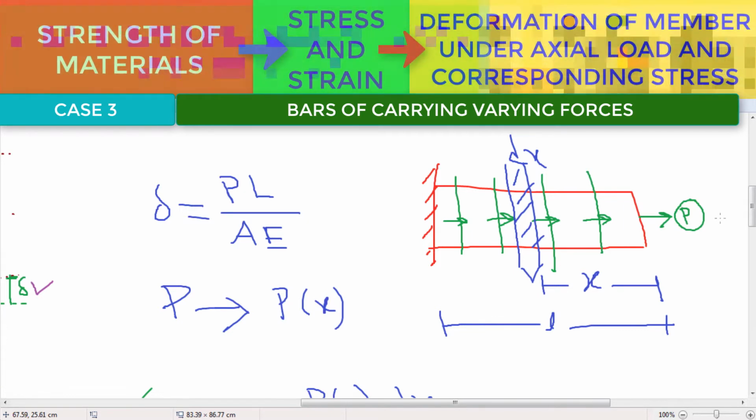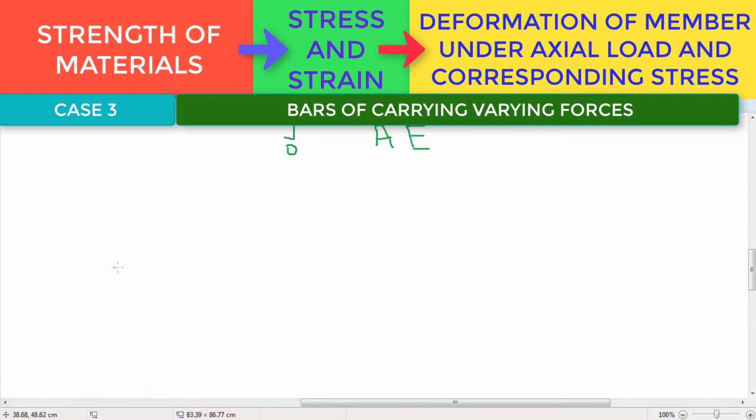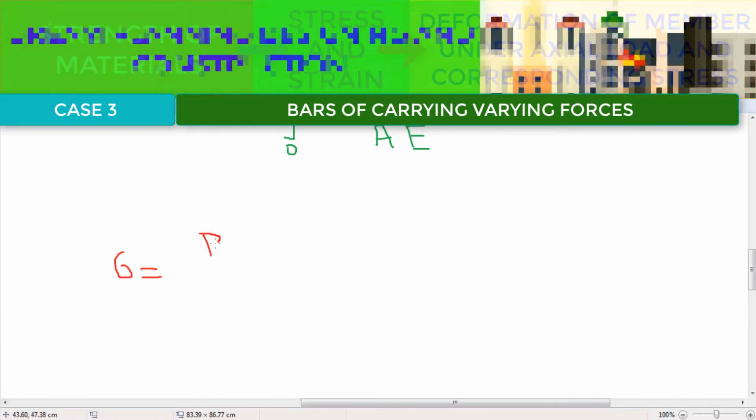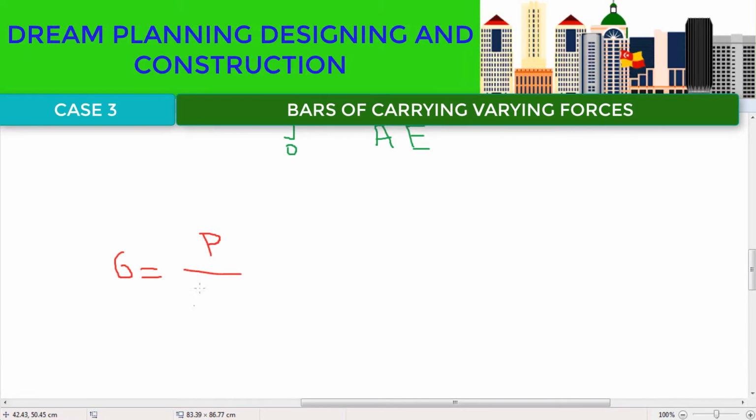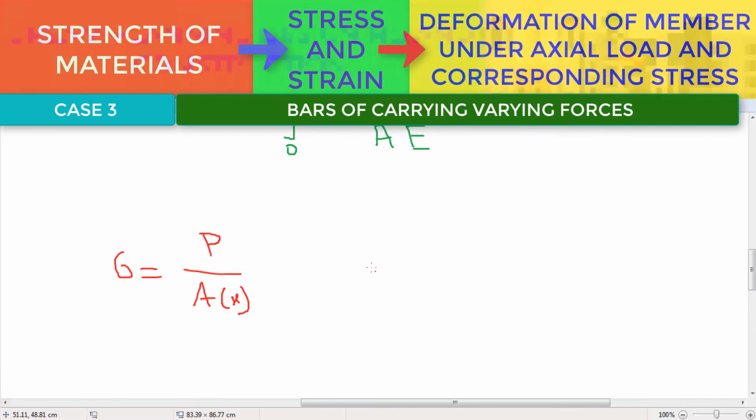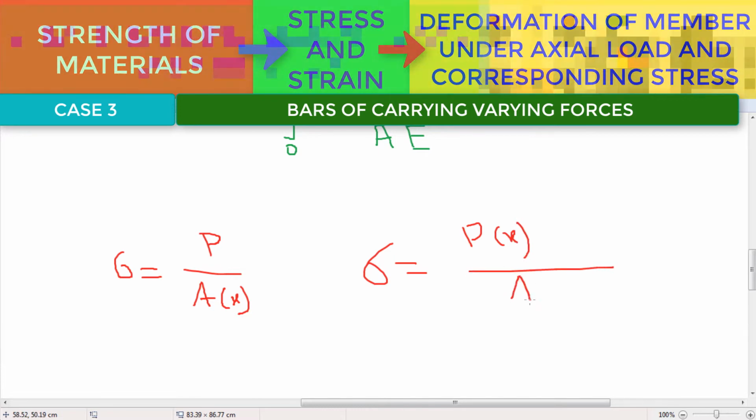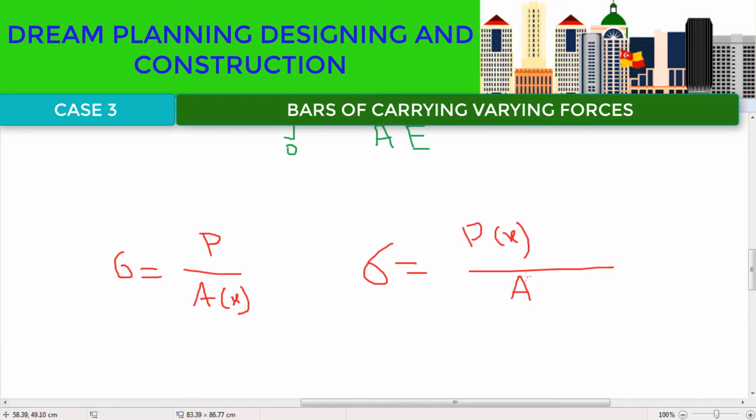Here area is constant, only force is changing. So in the first case stress equals P by A(x), where area is a function of x, and in the second case stress equals P(x) by A, where A is constant and P is varying with length.